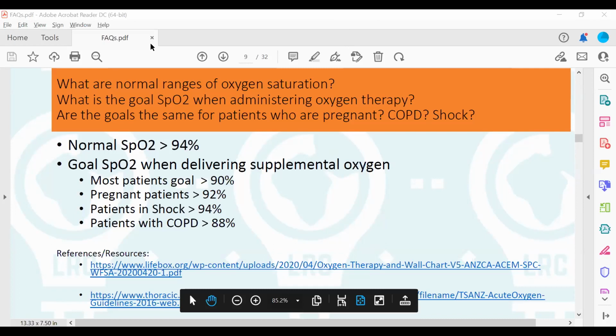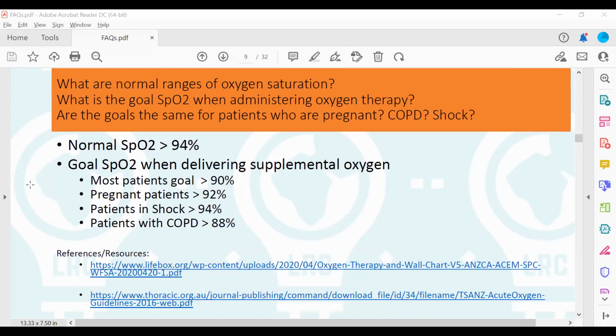So the pregnant women, and patients who are in shock, the reason is that all of these patients are having increased oxygen consumption. The oxygen demand is high. That's why these patients can be in the same category, because of their increased oxygen consumption or demand.